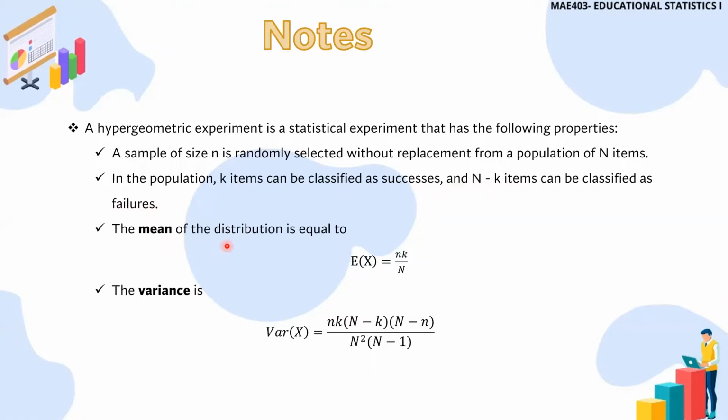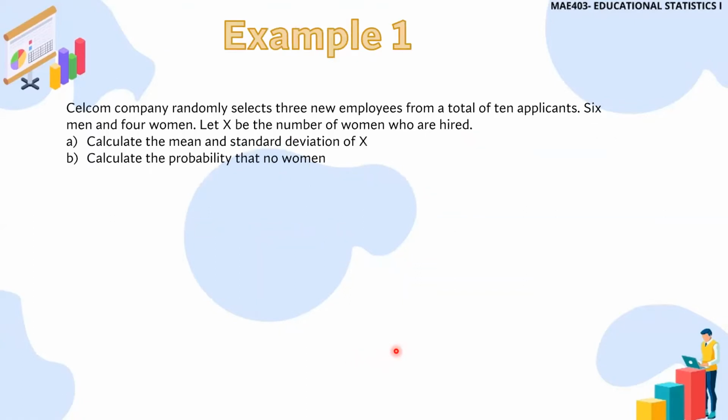The mean of the hypergeometric distribution is nK divided by capital N, and the variance is small n times K times N minus K times N minus n, divided by N squared times N minus 1. So let's look into the example.